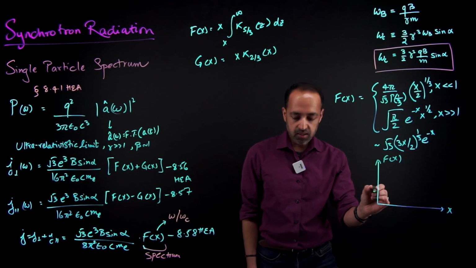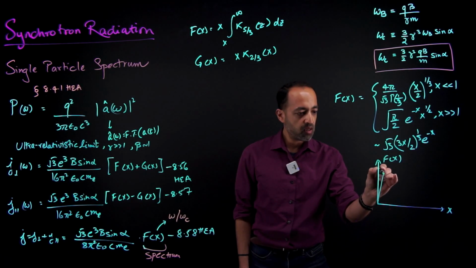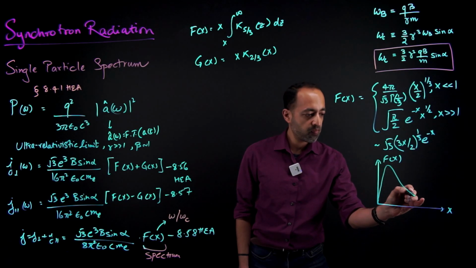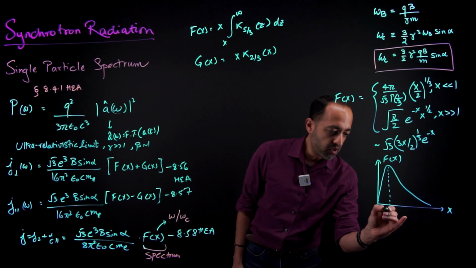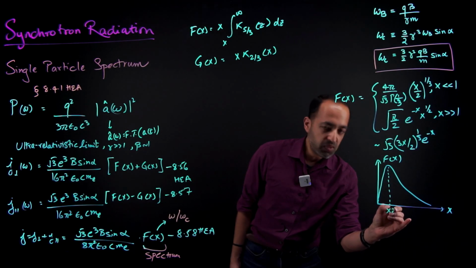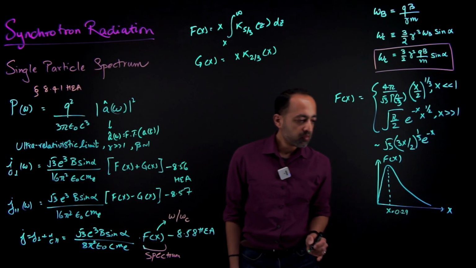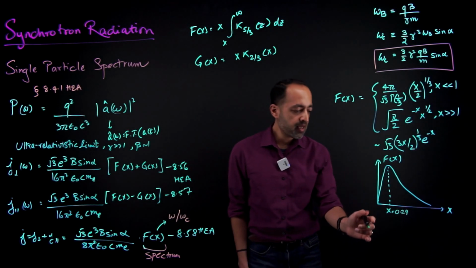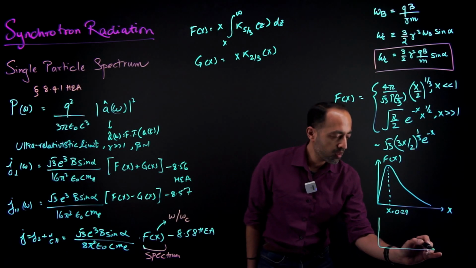in linear space, it just looks like this. It's 0 at 0, it rises, and then it falls. And there's a peak. And this may be relevant to you, this peak is at x equals 0.29. That's where this function peaks. And maybe it's a little clearer to do this in log space.